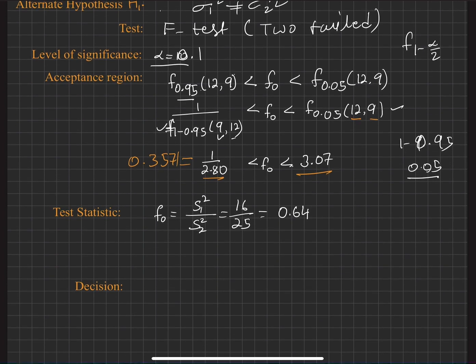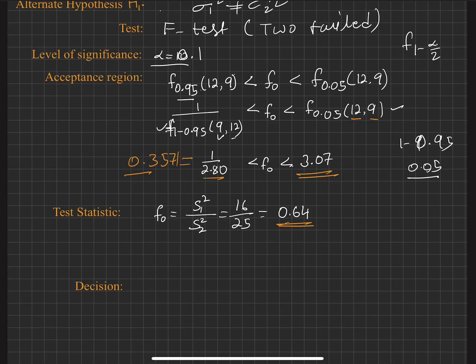Now if I calculate the test statistic value, we get s1 square by s2 square, that is 16 by 25, and that value is 0.64. We can observe that this 0.64 is inside the acceptance region.